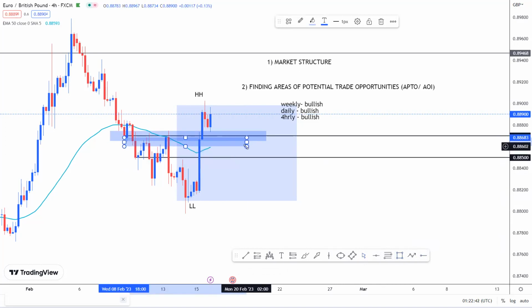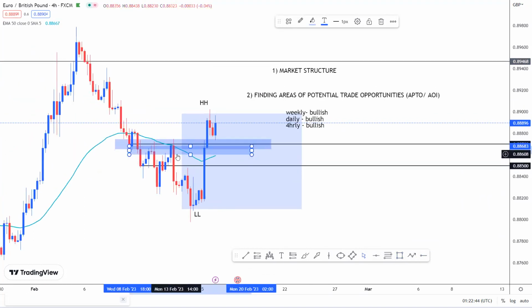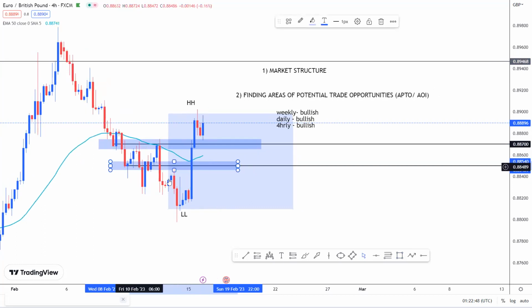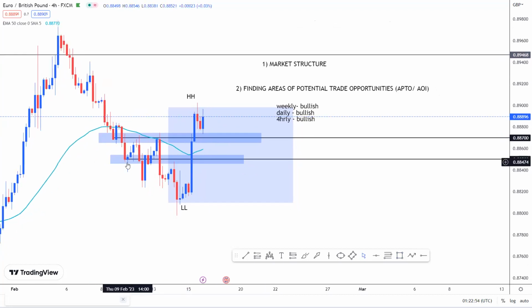And if you look to our left, you can clearly see the touches from the level. So previously the level acted as a support right here, and here also we have a support, and here the level acted as a resistance.